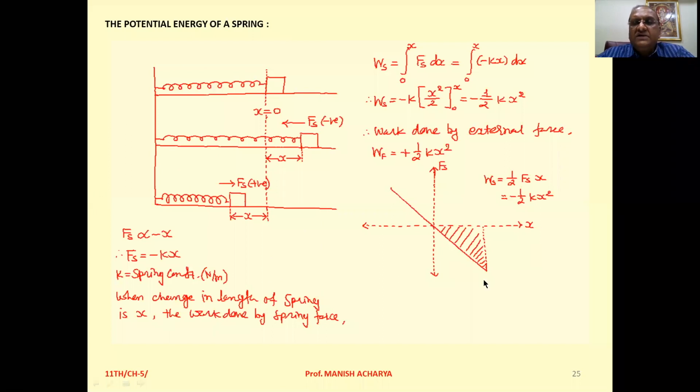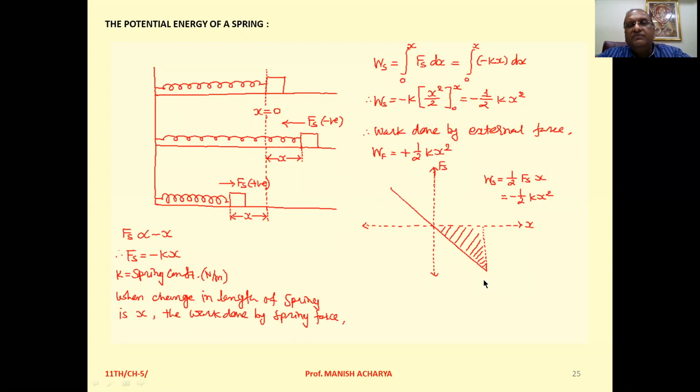See, when we discussed the concept of potential energy at that time, we discussed this thing, the capacity of the object to do work by virtue of its position in the force field or by its configuration.